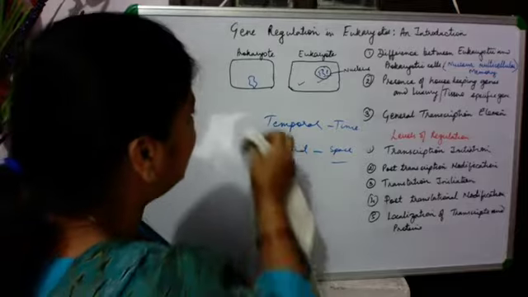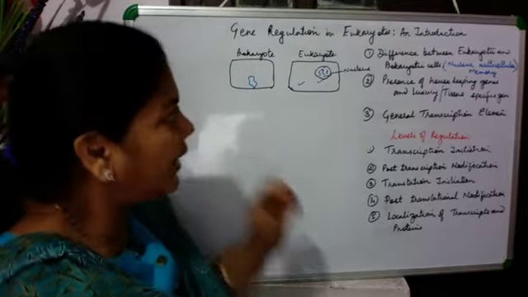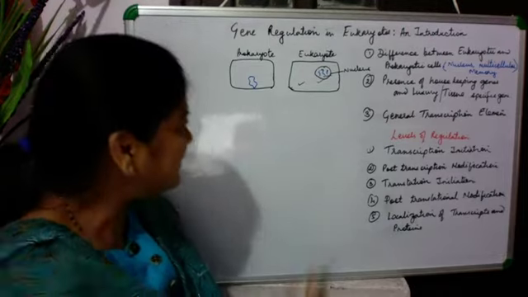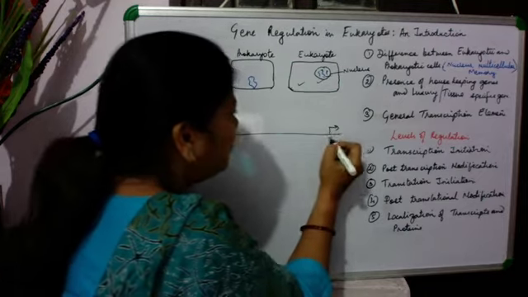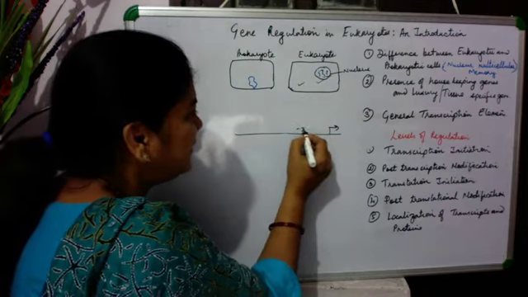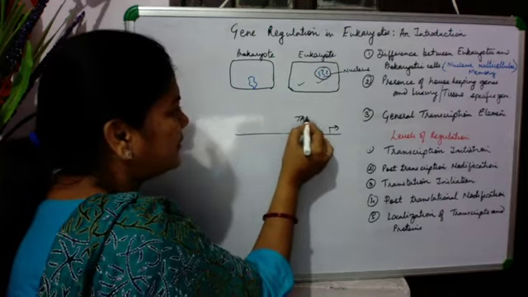Then there are the transcription elements. Whether it's a housekeeping gene or a tissue-specific gene, the basic transcriptional machinery remains the same. So if this is the transcription start site over here, then at around -30 base pair region there is a TATA box.